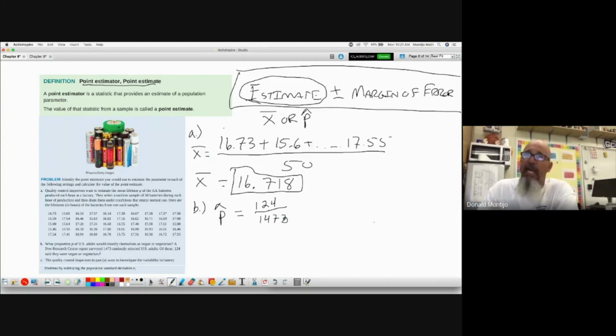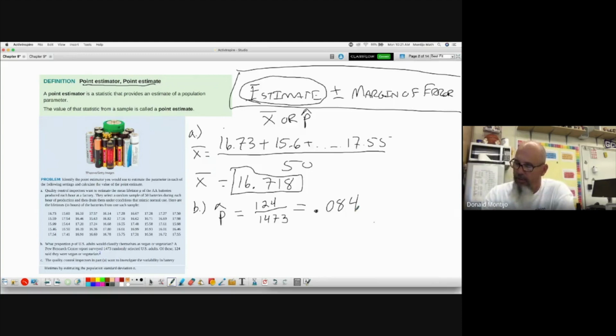So our point estimate for this would simply be the proportion 124 divided by 1473, which is approximately 0.084. So that's how we would find our estimator for this confidence interval.